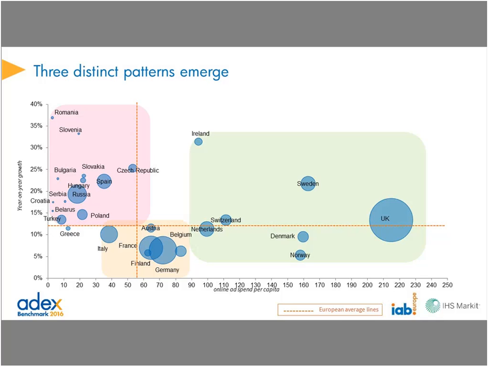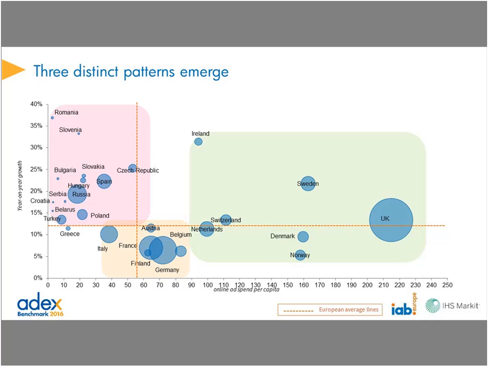This clustering is very peculiar because we've seen the same clustering over the last 3 or 4 years. The same markets in the same cluster relative to the rest of the market. So this shows there are some structural barriers that have to be overcome in those markets to continue to grow further.